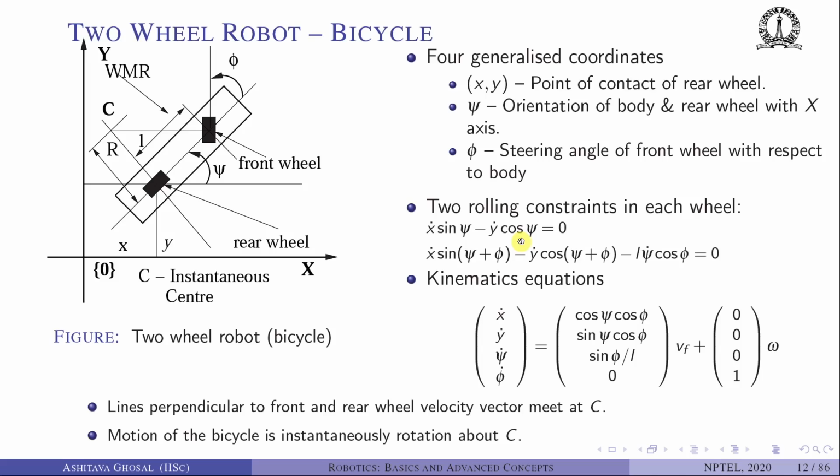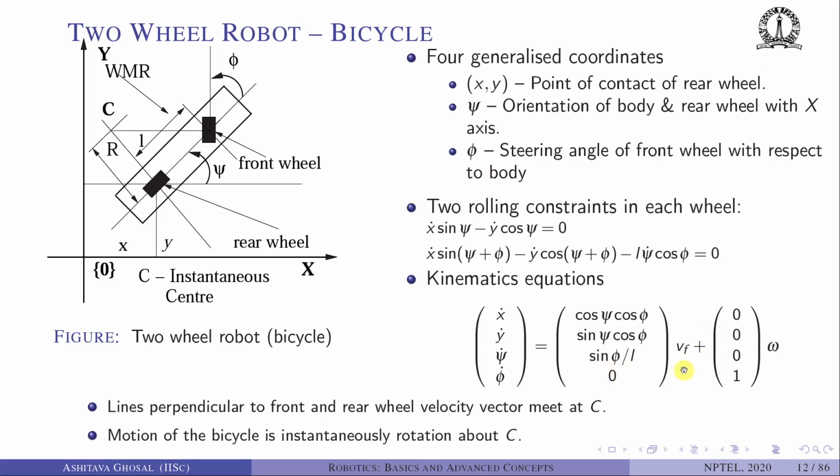The first one is very similar to a single wheel, and the second equation is for the front wheel. We can write the kinematic equations of a two-wheeled bicycle as x dot, y dot, psi dot, phi dot equal to cos psi cos phi, sin psi cos phi, sin phi by L, times some Vf.